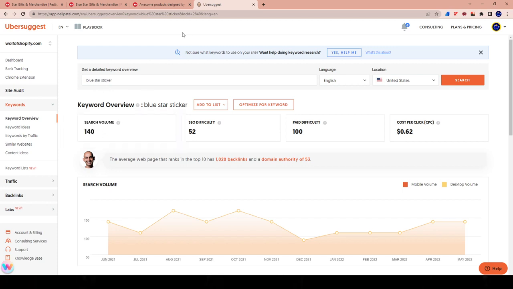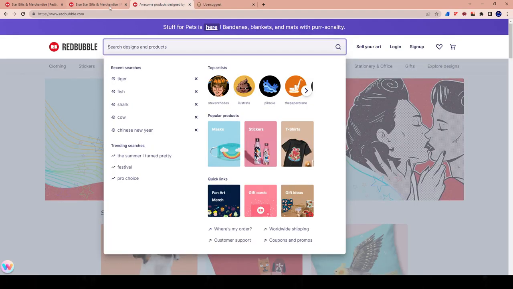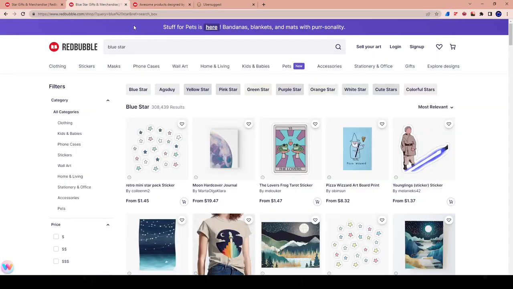There's 140 people looking for a blue star sticker. Now let's just imagine in some far distant galaxy where all 140 people happen to land on Redbubble. Well, out of 308,000 results, only 140 people can potentially purchase. They're potential clients. That's not that many people.